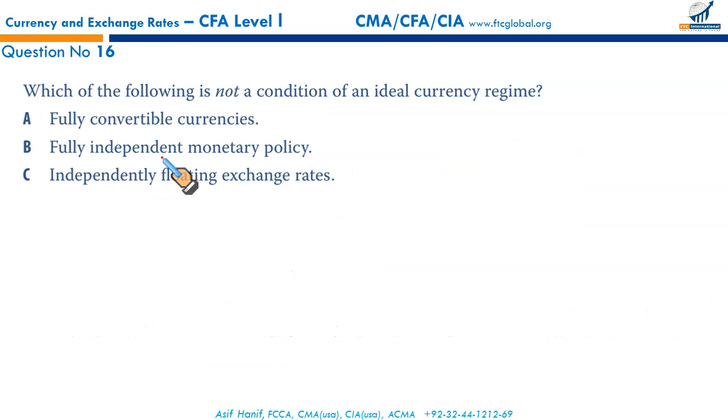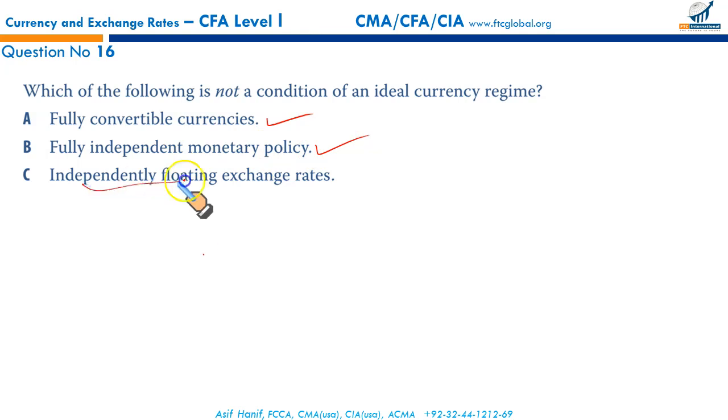Next, which of the following is not a condition of an ideal currency regime? Fully convertible currencies, this is a condition of an ideal currency regime. Fully independent monetary policy, this is a condition of an ideal currency regime.